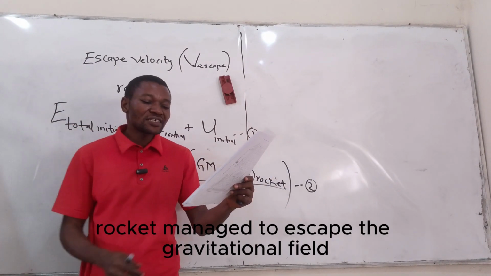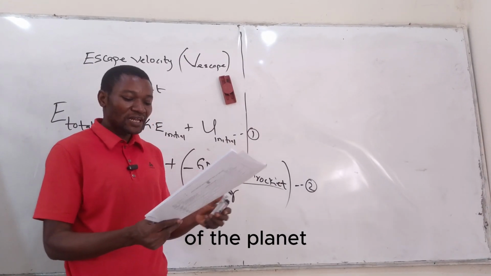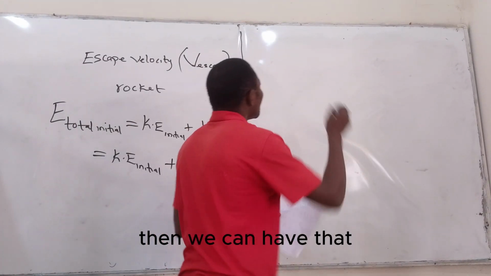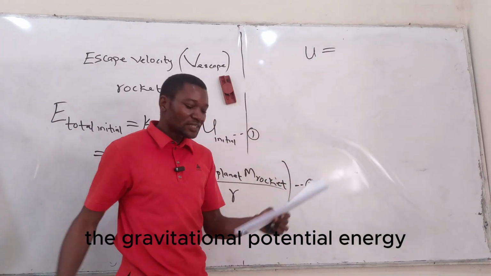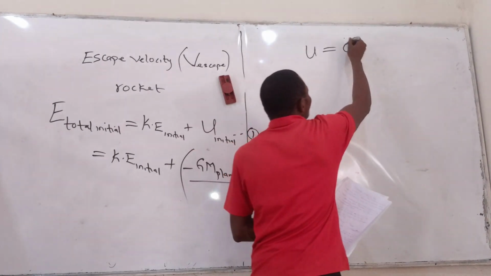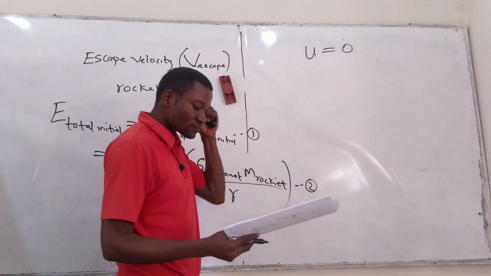So if the rocket managed to escape the gravitational field of the planet, then the gravitational potential energy will be equal to 0 at that distance.